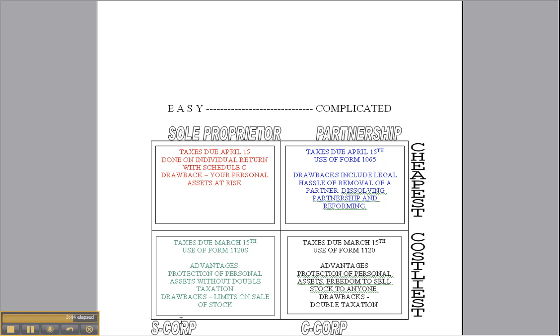The advantages to the C-Corp: you have the protection of the personal assets, you have the freedom to sell stock to anyone, so you can go public at any point. But the drawback is this: when the corporation makes money, you pay taxes on that. When you pay yourself out of that corporation as a distribution, you get taxed on that as well.